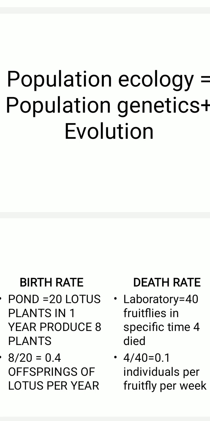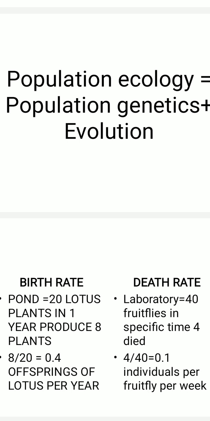Birth rate: just for understanding the birth rate, imagine that there are 20 lotus plants in a pond, and in 1 year it produces around 8 plants.